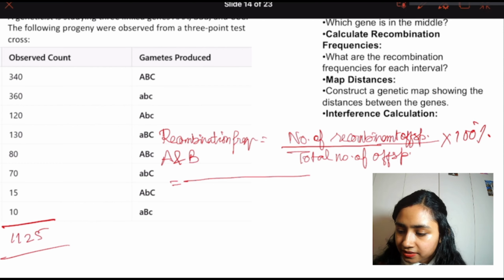So let's write the NCO class. Now do the single crossover event.